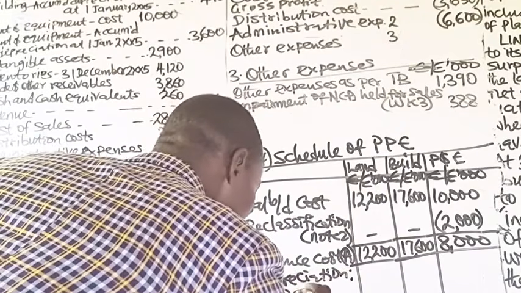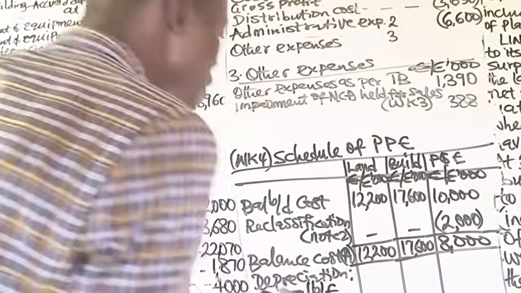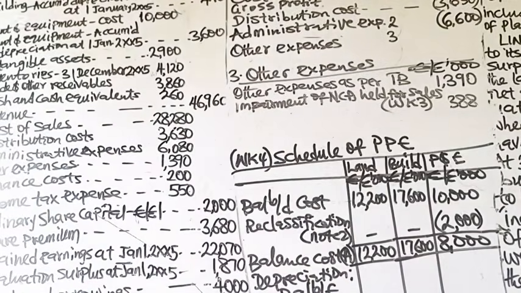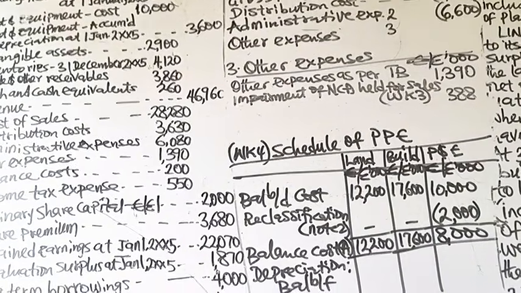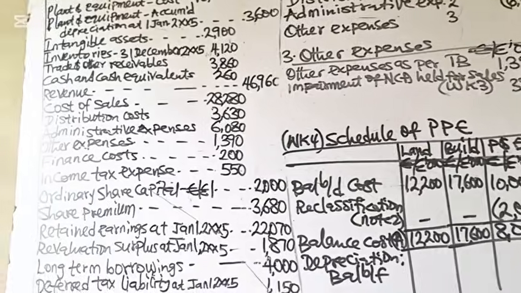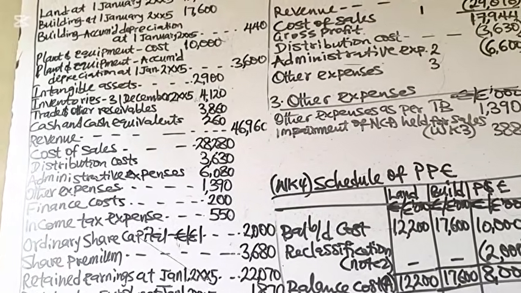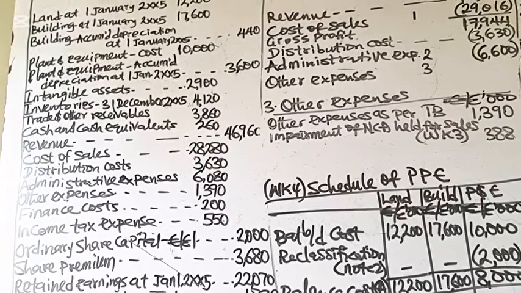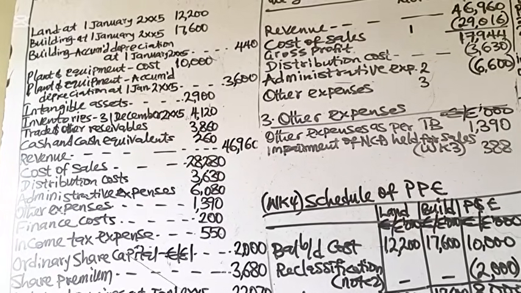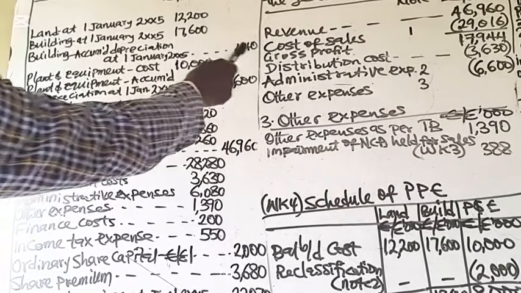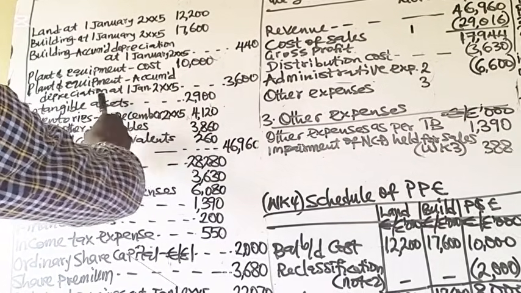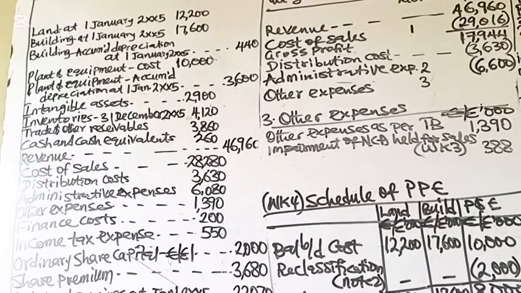The opening balance. How much is the accumulated depreciation in respect of this asset? So back to the trial balance. We have the accumulated depreciation for buildings, 440. Plant and equipment, 3,600.